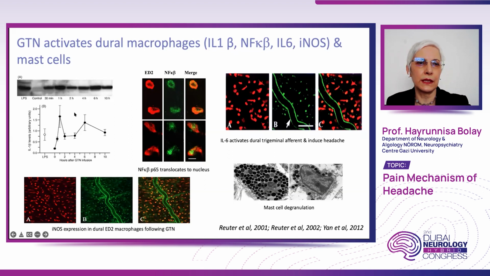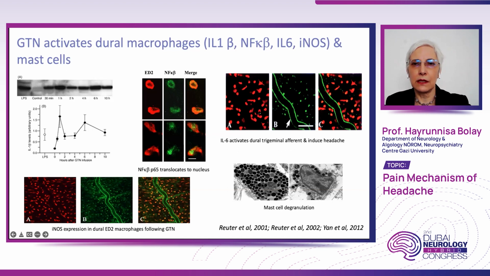You can see that there is an increase of this inflammatory cytokine in the dural tissue, and it is also associated with transcription factor activation, NF-kappaB activation, and NF-kappaB p65 translocation to the nucleus. These changes occur not in other cell types, but only in the resident macrophages.